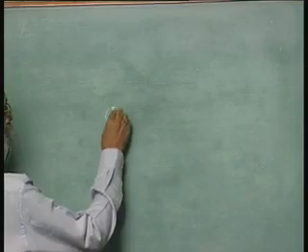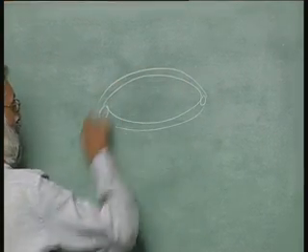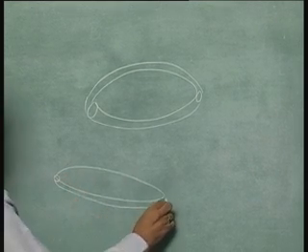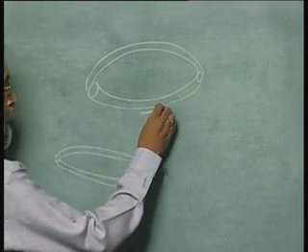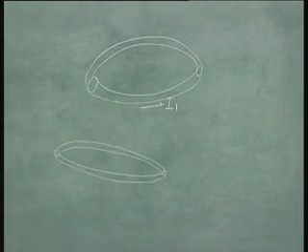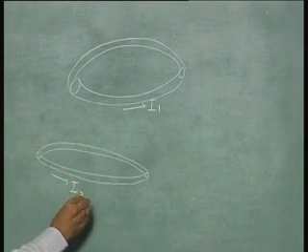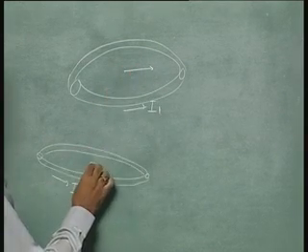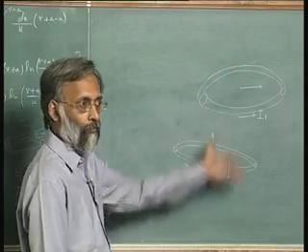Supposing I have a wire and I have another wire, and I have a current I1 in the first loop, and I have a current say I2 in the second loop. These may actually point in different directions. These are just general loops.